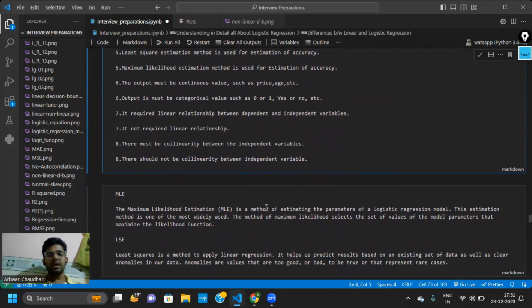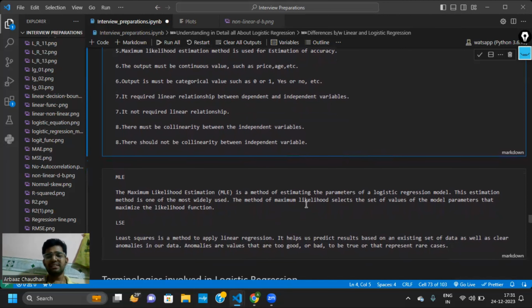This estimation method is most widely used in classification problems. The method of MLE selects the set of values of the model parameters that maximize the likelihood function. So it finds the model parameters, meaning model weights, that maximize the likelihood function.